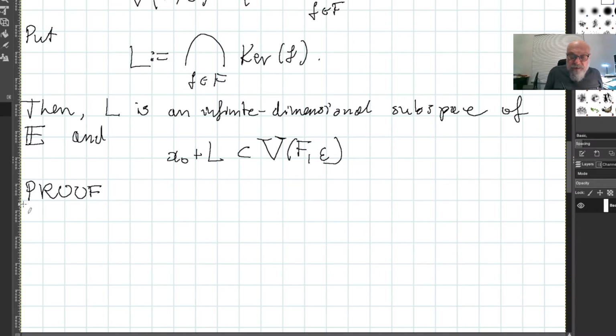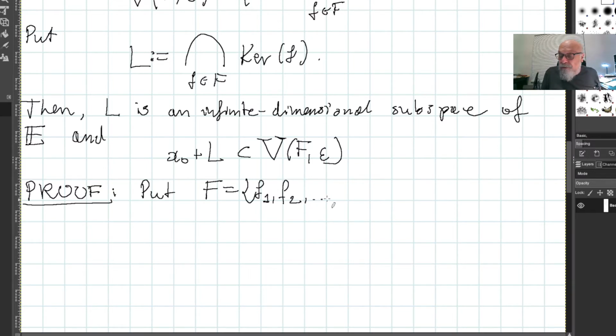And just to simplify the notation, I put F simply equal to a finite set, f1, f2, and so on up to fn.